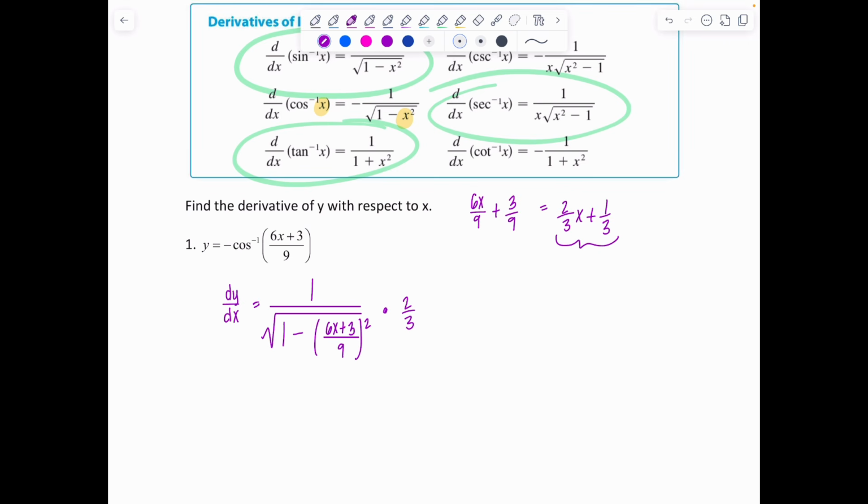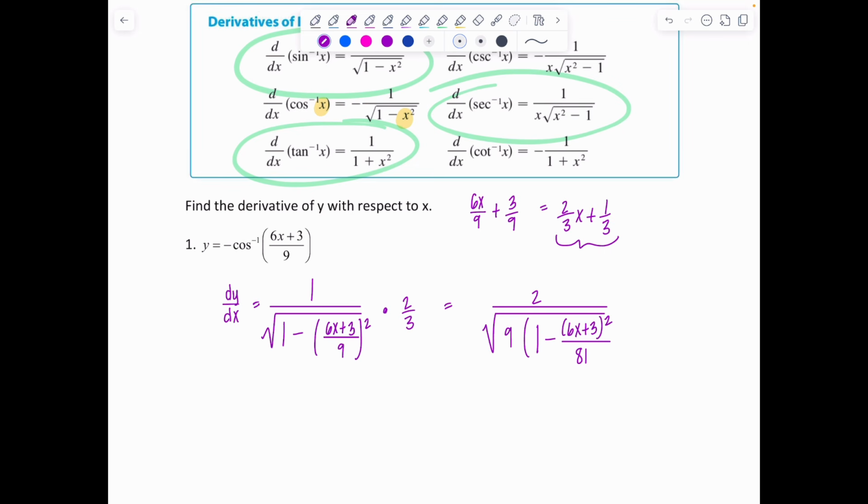So we've got a 2 up top. Now this 3, what am I going to do with it? I'm going to smush it, distribute it underneath the radical. When it comes underneath the radical, for it to still really be a 3, I have to square it and make it a 9, because the square root of 9 is equal to 3. So it becomes a 9. And then I've got this 1 minus, let me distribute those parentheses, (6x plus 3) squared over 81.